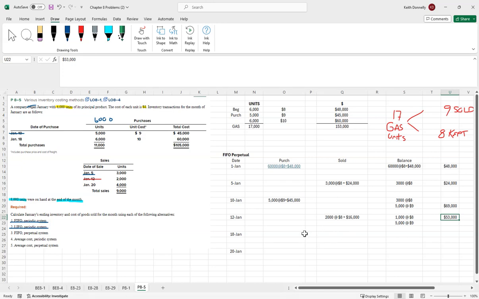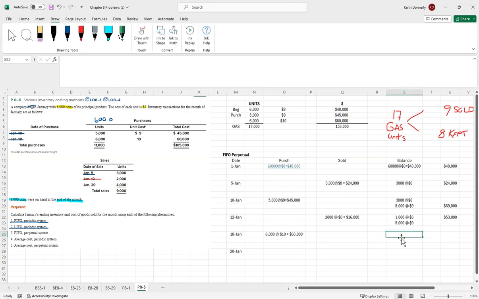Next up, let's see what's going on here. The next date is January 18th. We made a purchase. Here on January 18th, we bought 6,000 units at $10, so that's going to equal 60,000.